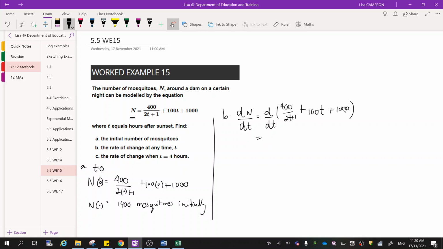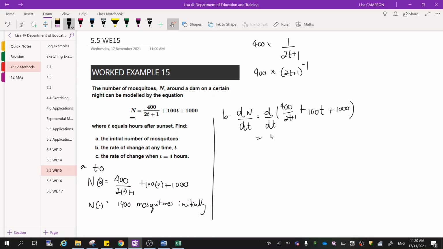Let me start from the start. Here, this is like 400 multiplied by 1 over 2t plus 1. If I rewrite this, it's the same as 400 times (2t plus 1) to the power of negative 1. As soon as I write it like this, I can see it's going to be chain rule.